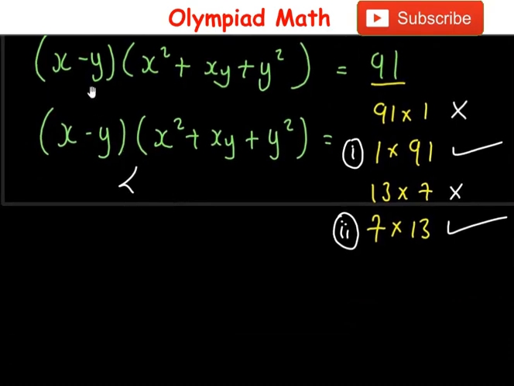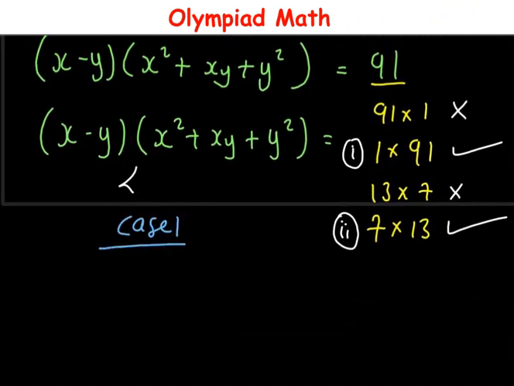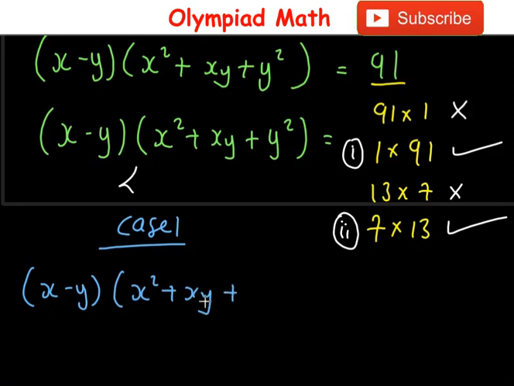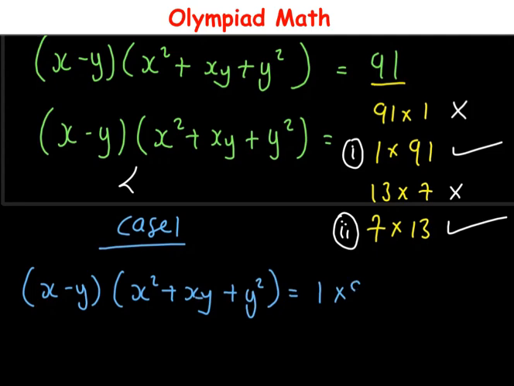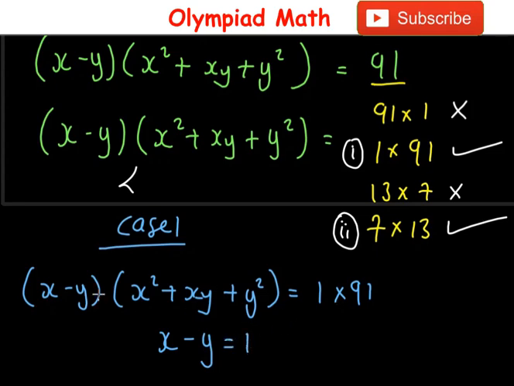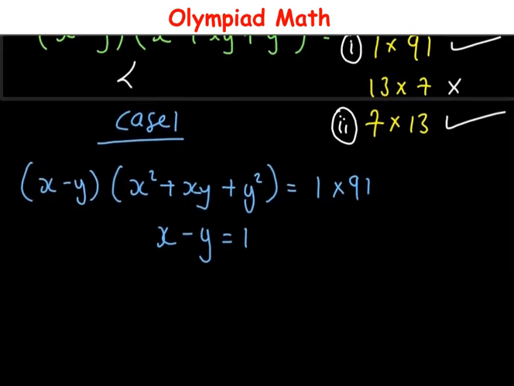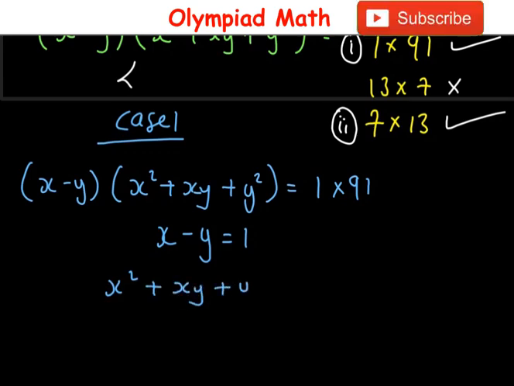For case 1, we have in bracket x minus y multiplied by x squared plus xy plus y squared, and this equals 1 times 91. So from here, we have x minus y equals 1, and x squared plus xy plus y squared equals 91. We call this equation 1 and this equation 2. From equation 2, we have x squared plus xy plus y squared equals 91.